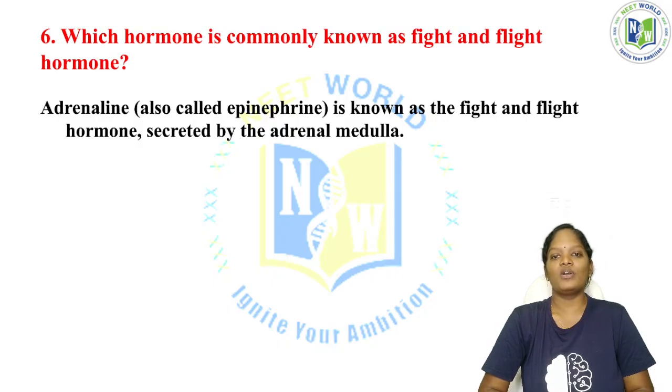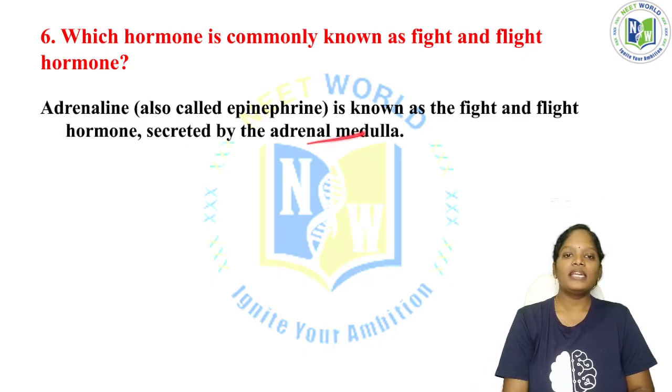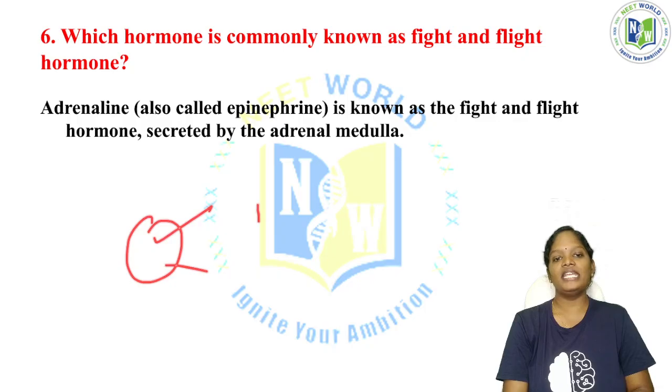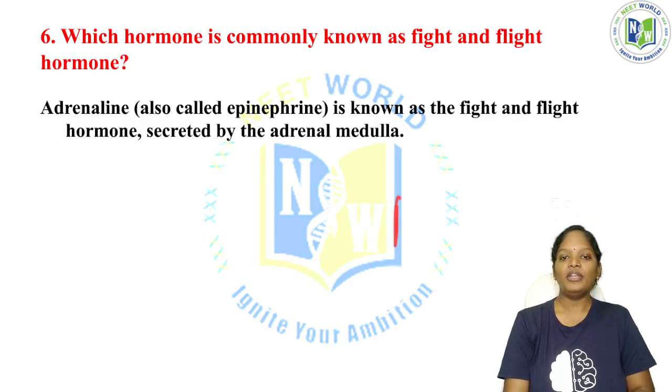So that is why we also call this adrenaline hormone the epinephrine hormone, or we can say the fight and flight hormone. This is secreted by the adrenal medulla. So we have the adrenal cortex region and the adrenal medullary region. The adrenal cortex is responsible for secreting the glucocorticoids and mineralocorticoids, all these things. The adrenal medulla is responsible for synthesizing the adrenaline hormone, that is epinephrine hormone.